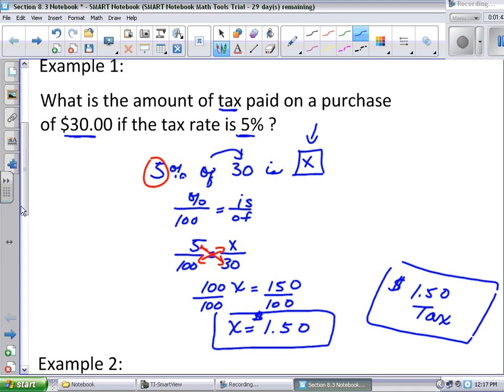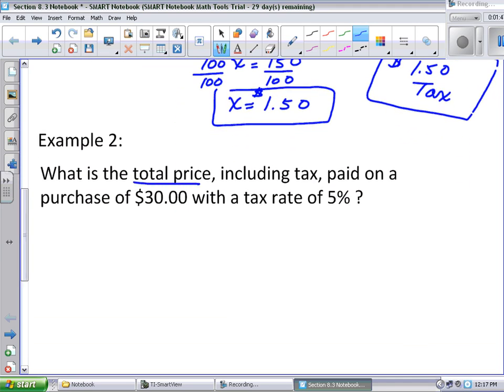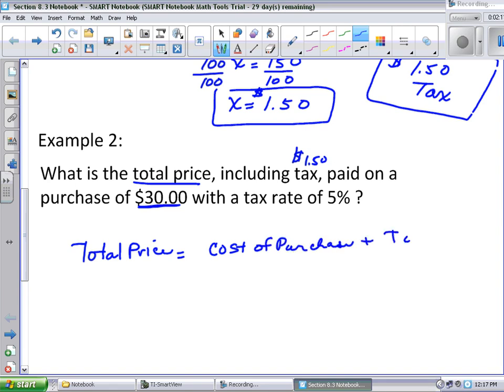The next problem is based on example 1. What is the total price? The total price, including the tax, which we know to be $1.50, paid on a purchase that was $30. So the total price is the cost of the purchase plus the tax.